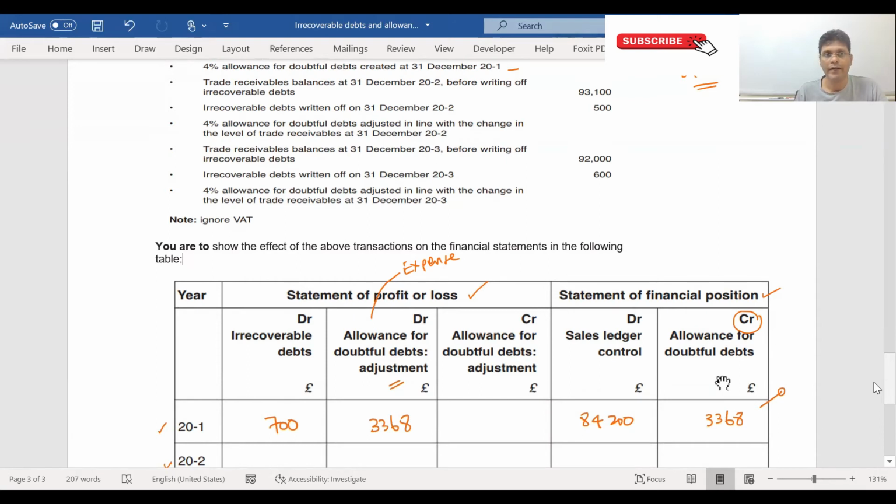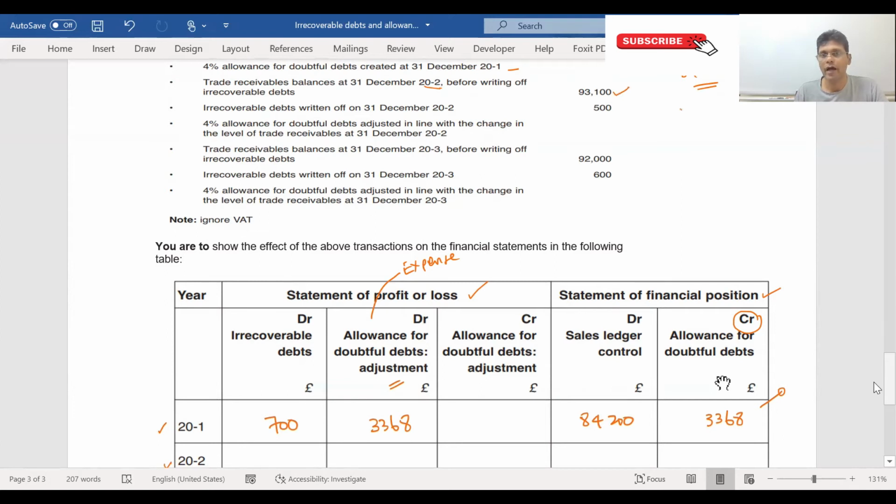2002 trade receivable balance as at 31st December 2002. Let's move on to the next transaction. Trade receivables balance as at 31st December 2002 before writing off irrecoverable debts is 93,100.